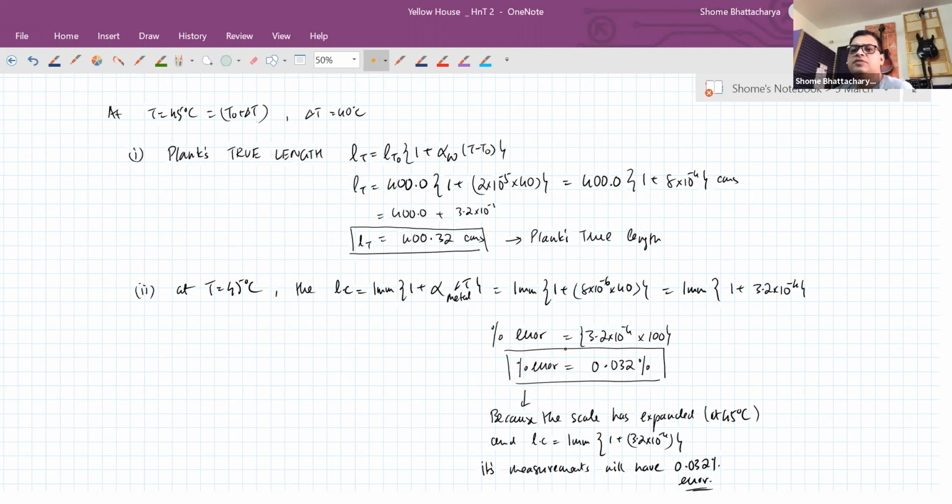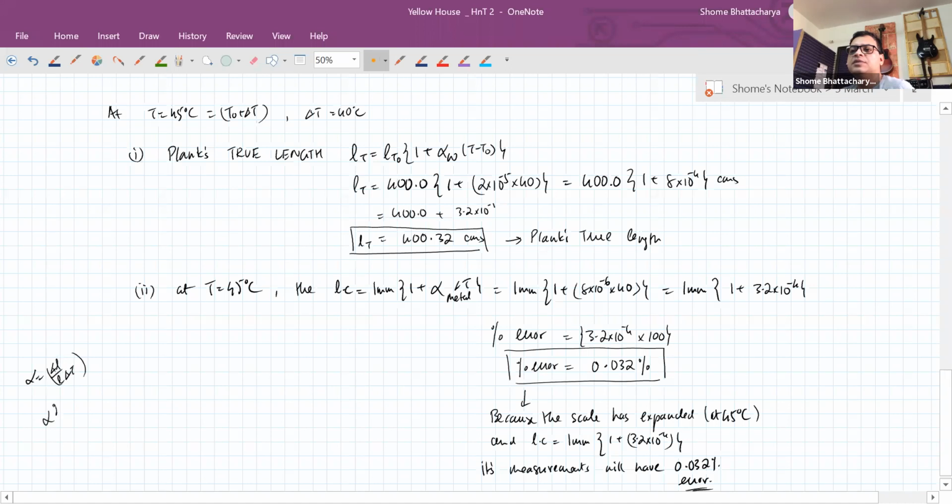Actually, you're talking about the alpha. No, see, alpha is independent of what scale we use for the length. No? Because the unit of alpha is per degree C. See, alpha is delta L by L into delta T. So delta L by L is a unitless quantity.